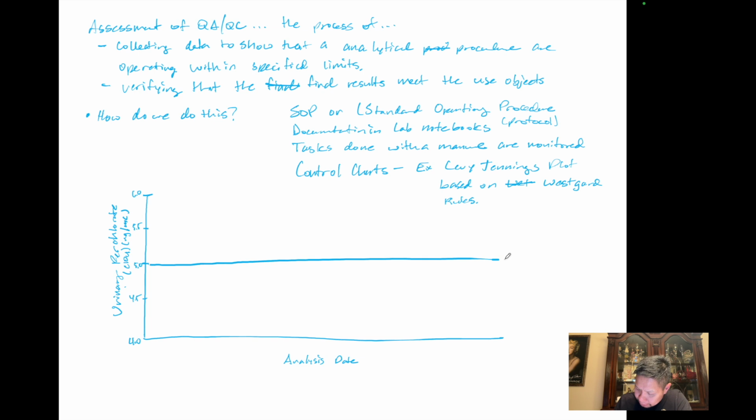And so this here will be the mean of spike, mean of spike of 5.0 nanograms per mil of the ClO4 minus, right?